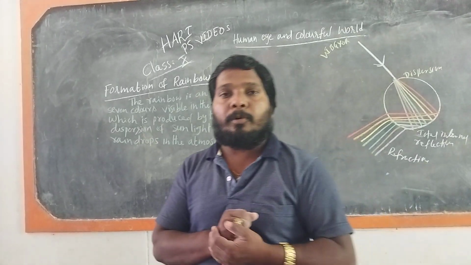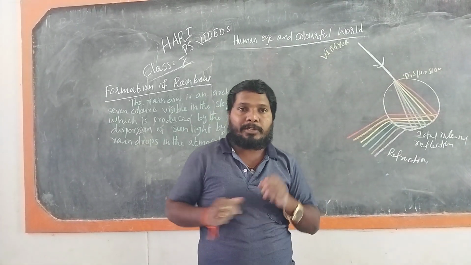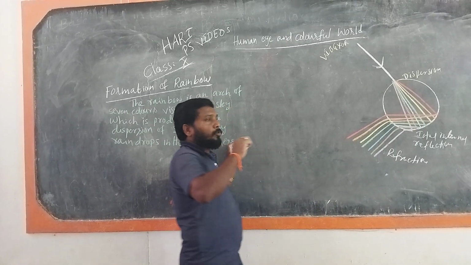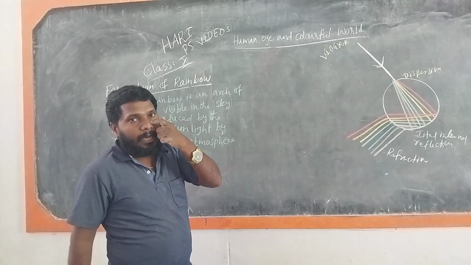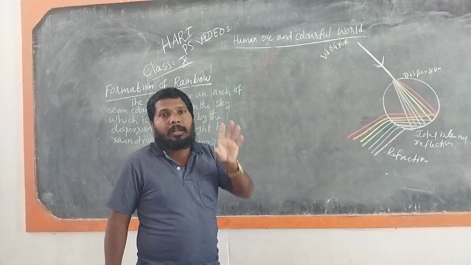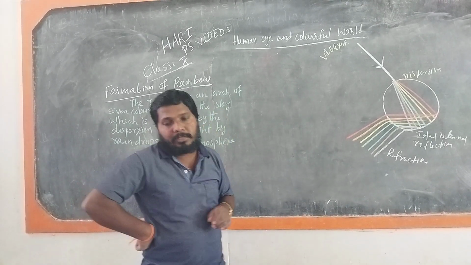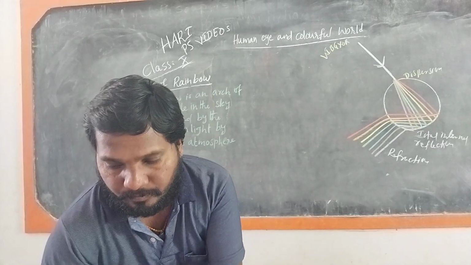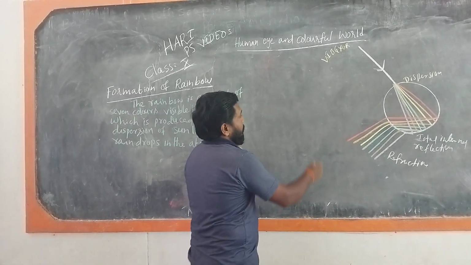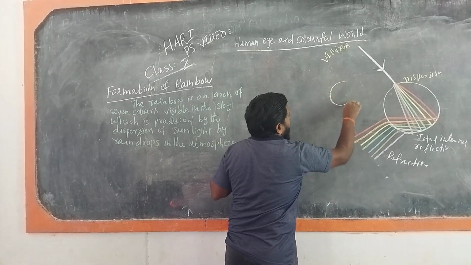So this is about the formation of rainbow. Actually, the shape of rainbow is not a two-dimensional arc. It is a three-dimensional cone. It appears like this.